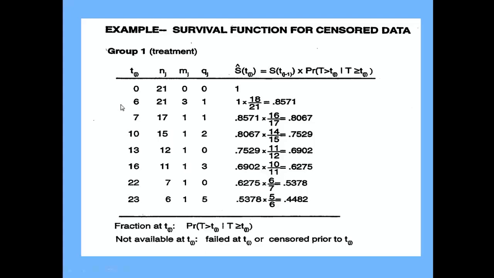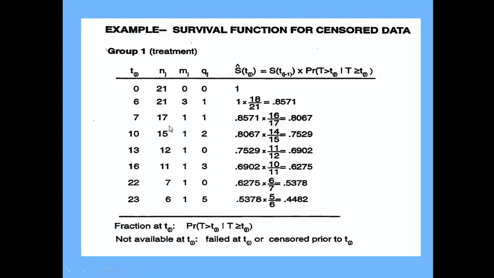Now you have to deal with this censorship. At the next time at which somebody failed, you don't just have 18 people in the risk set, you have 17, because not only did you lose these 3, you lost this one, who wasn't there at time 7.